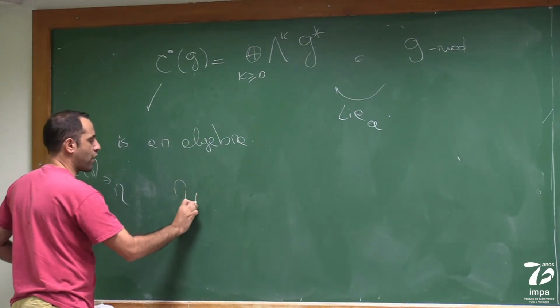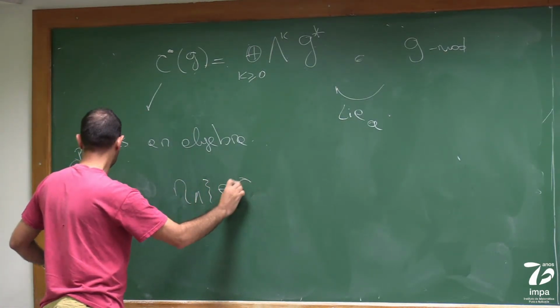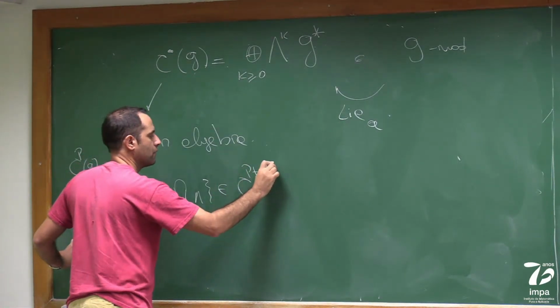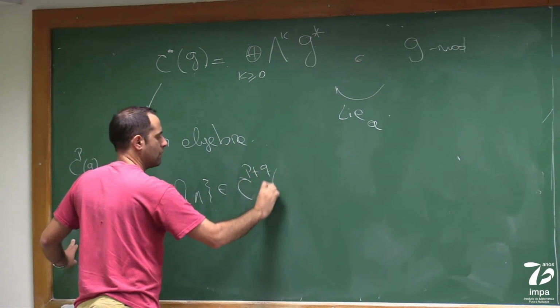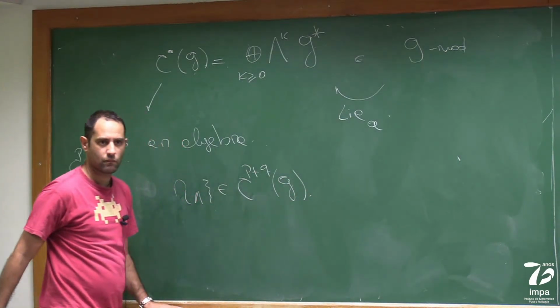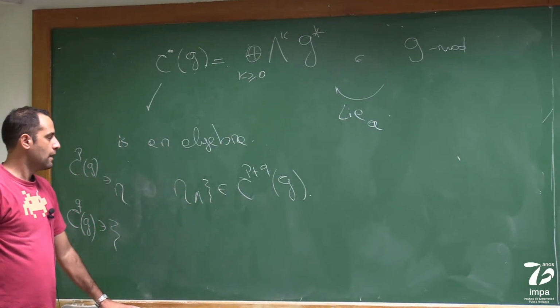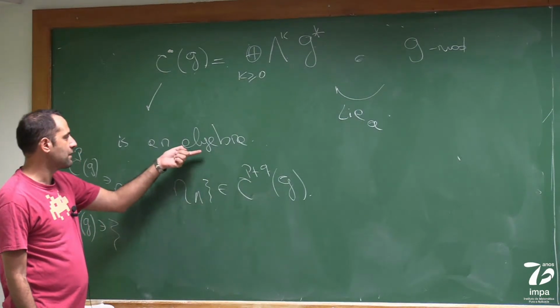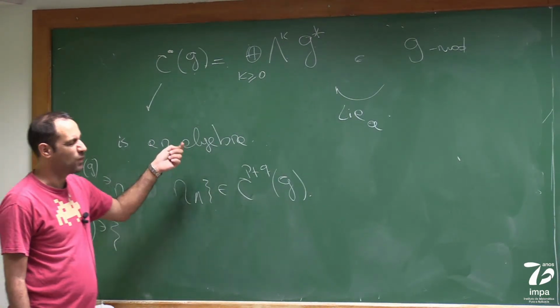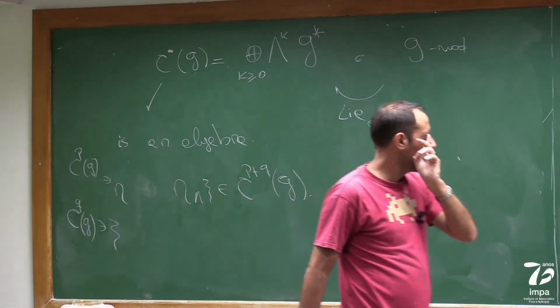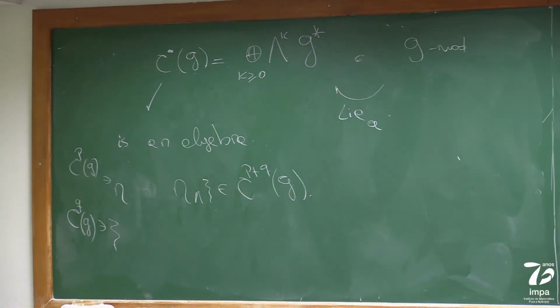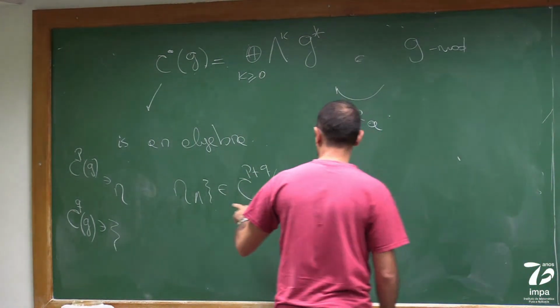Then the wedge product is in C^(P+Q) of G. And moreover, this is an algebra. It's a unital algebra. Well, no, I need to tell you. Well, let's forget about units for a second. But this is an algebra.